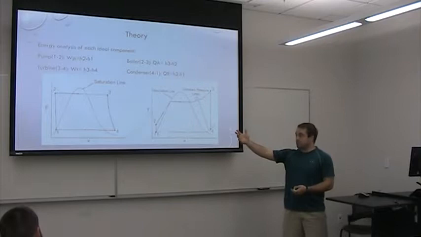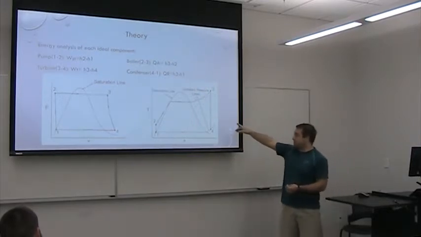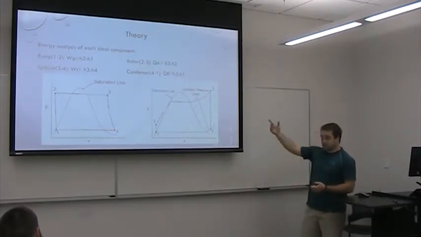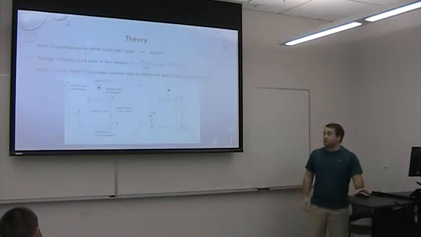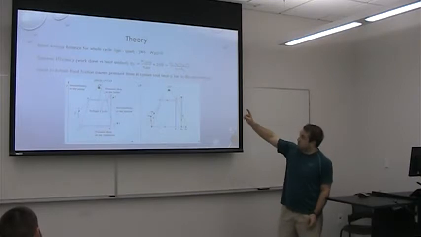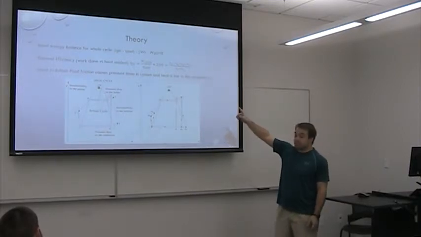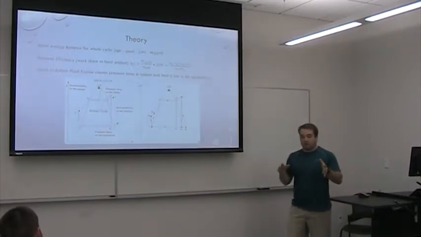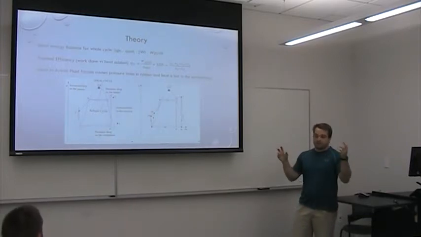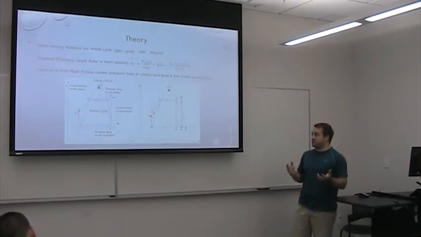The turbine is the same as the pump, but at a different location on the graph, and the condenser is the same as the boiler. All this is going to be used to go into your ideal balance of energy, and that will allow you to see that all the energy should be conserved in this theoretical situation.